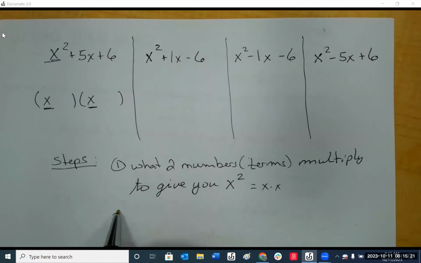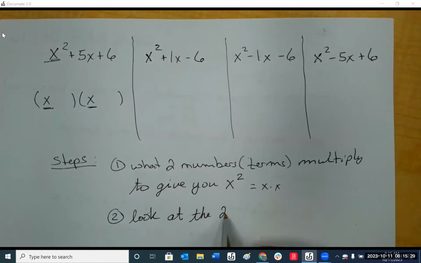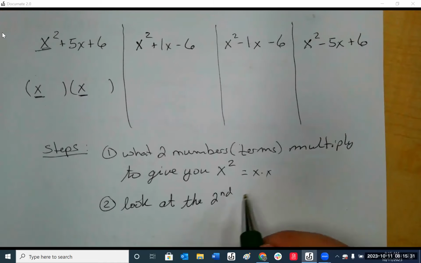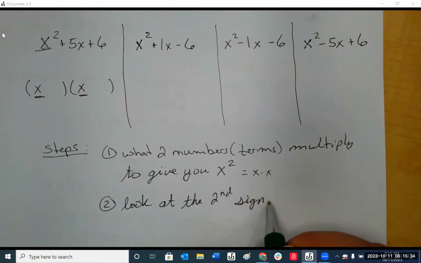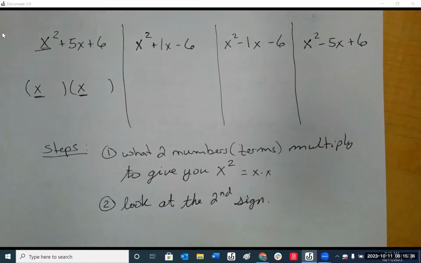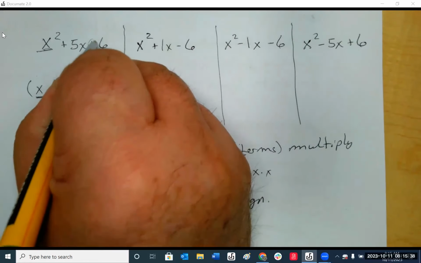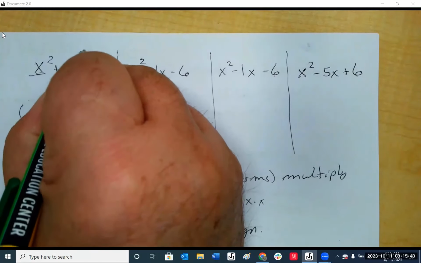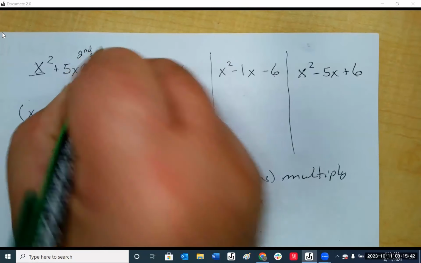Second step. Look at the second sign. That's this one.